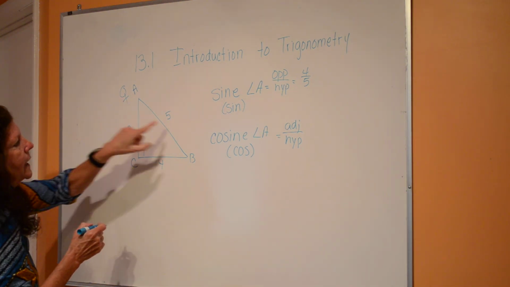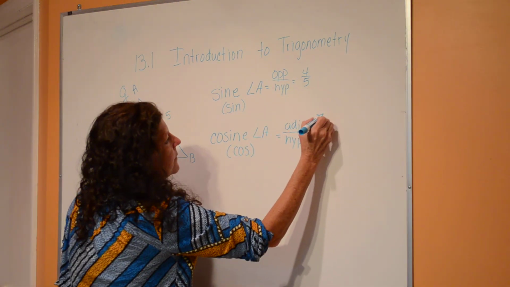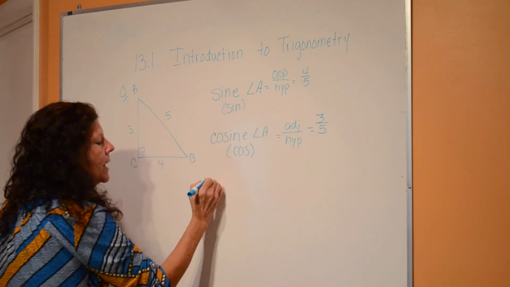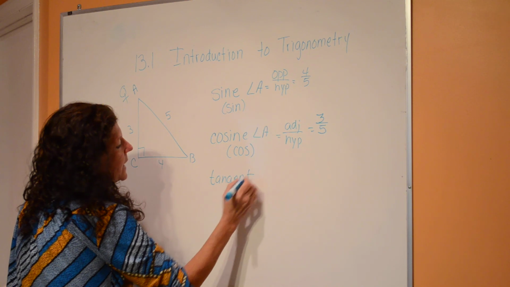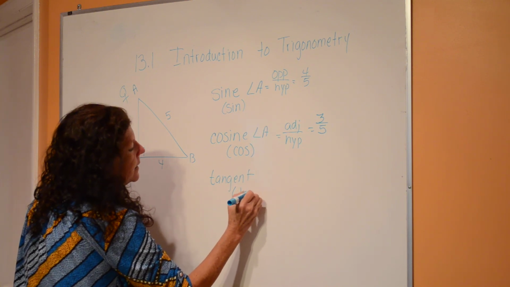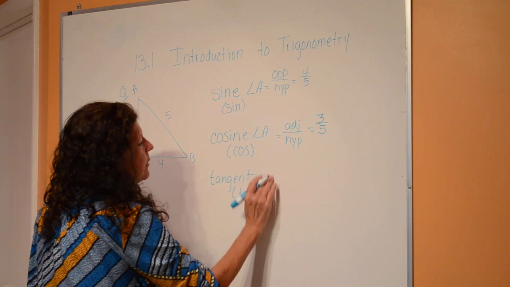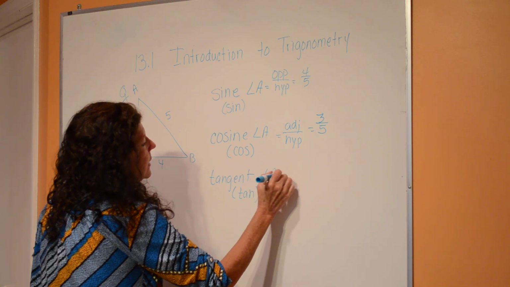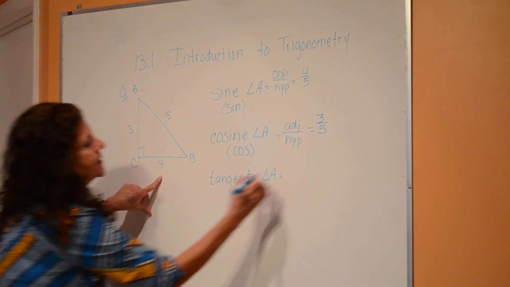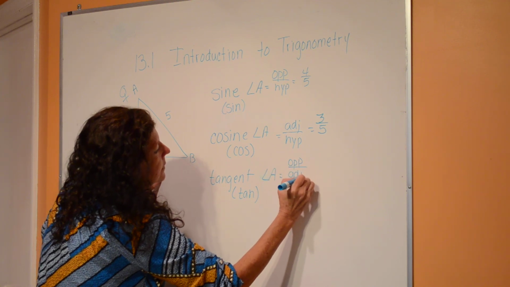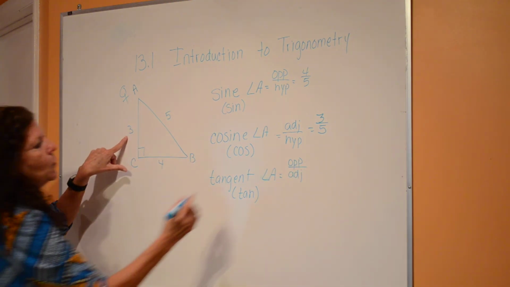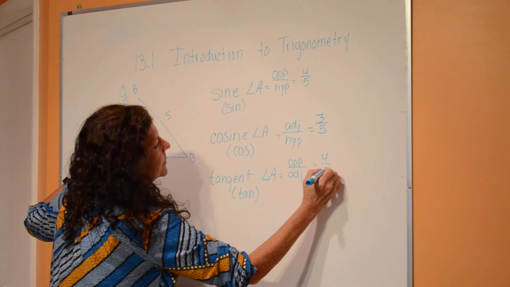Adjacent is 3, hypotenuse is 5. So 3 over 5. Then I have the tangent. Abbreviation is TAN. You've seen these on your calculator. So the tangent of angle A is opposite over adjacent. So it's 4 over 3.